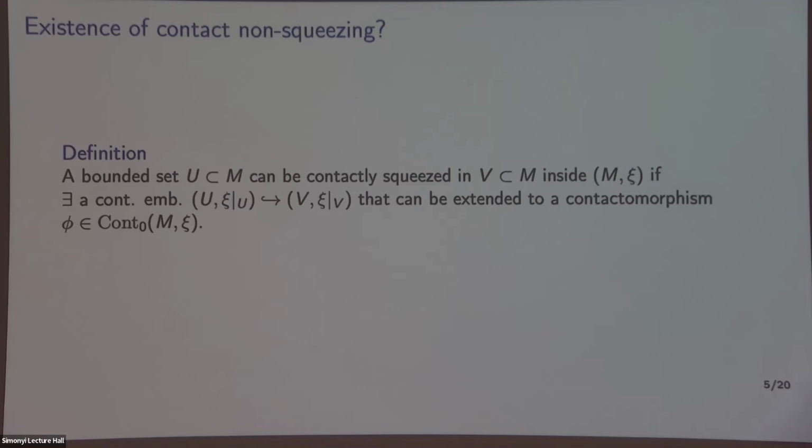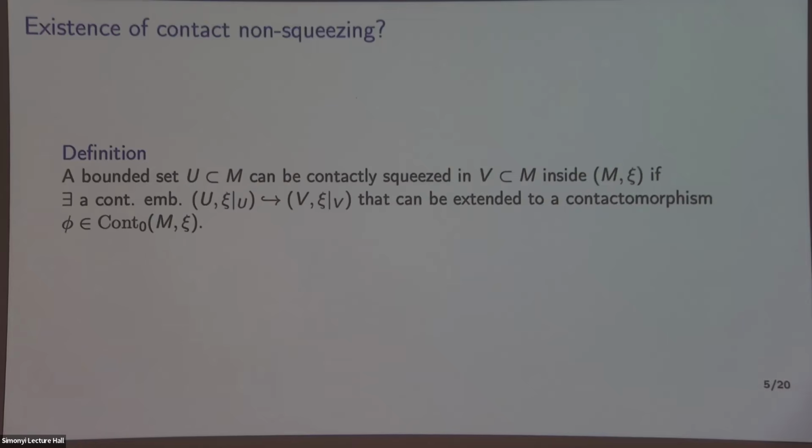I state the definition first: a bounded set U can be contactly squeezed in a set V inside a contact manifold M if there exists a contact embedding of U inside V that can be extended to a contactomorphism of the ambient contact manifold (M, ψ) that is isotopic to the identity.